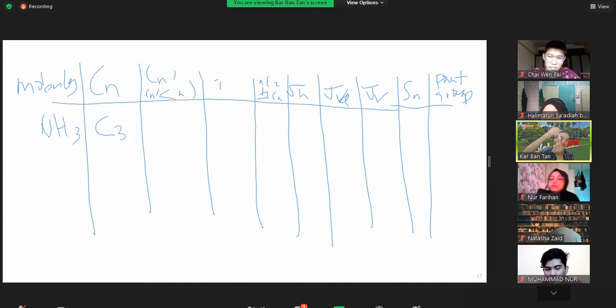And don't forget, because it's ammonia, you should have 1 lone pair of electrons. Therefore, the geometry will be trigonal pyramid. It's very important. You need to know the geometry. Planar or non-planar, different conformations will give you different point groups.